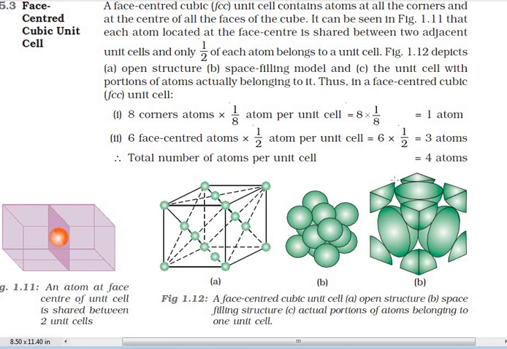So these 6 faces are contributing to that particular face-centered cubic cell. So if someone asks you how many atoms are present in a face-centered cell, you can say there are 4 atoms present in the FCC.